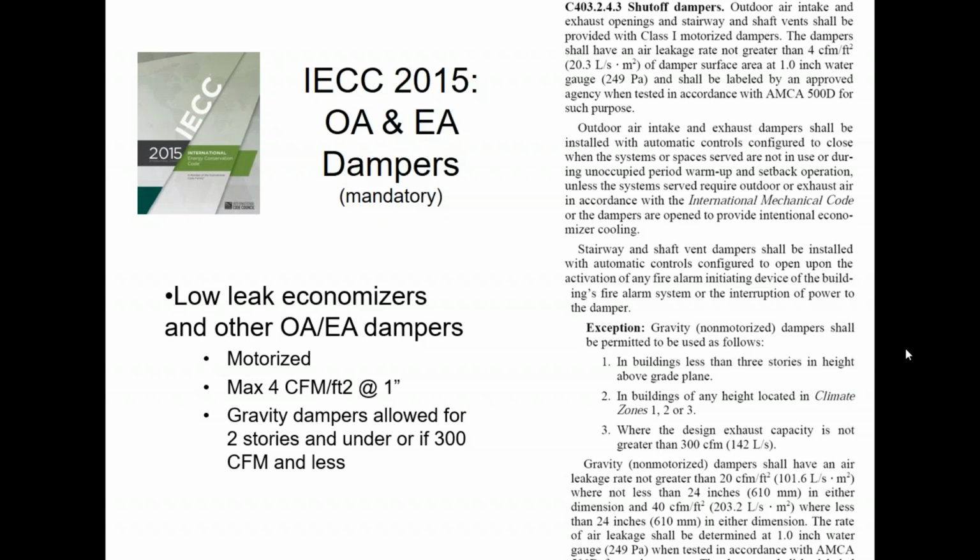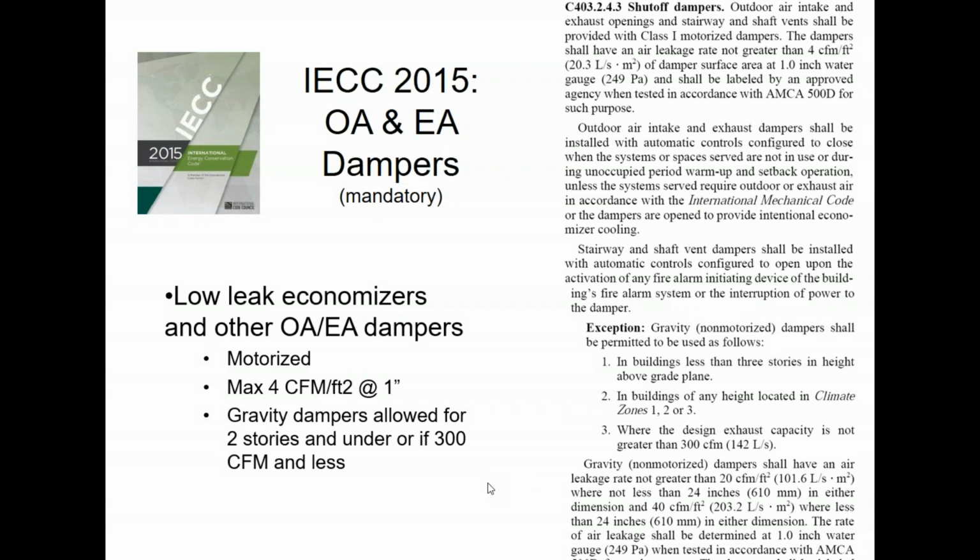They get a little AMCA 500 stamp on them to indicate that they do in fact comply with that. So all economizer dampers for all size units, even if you put an economizer in on a 2-ton rooftop unit, even though the economizer wasn't code required, all the dampers have to have this, right?